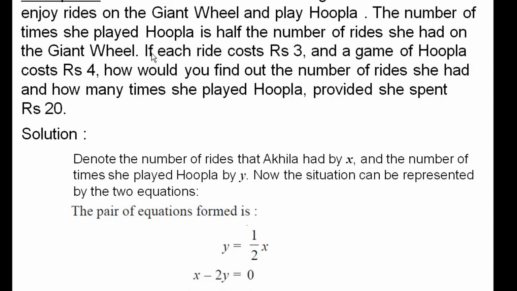The second condition: each ride costs rupees 3, that is 3x, and each game of hoopla costs rupees 4, that is 4y, and the total cost is rupees 20, so 3x plus 4y equals 20. These are the 2 equations you got from these 2 conditions.